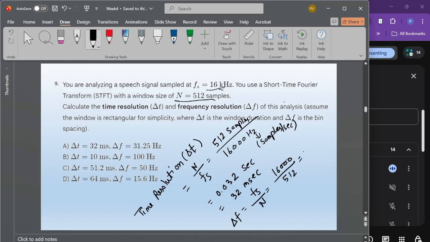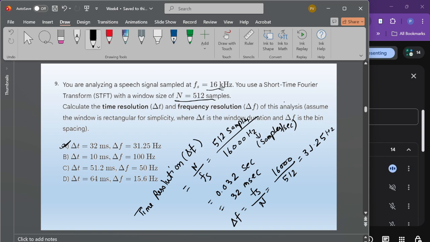Frequency is represented in hertz, so we get 31.25 hertz. This is the frequency resolution, and delta t, the time resolution, is 32 milliseconds. If you see that, option E is the correct answer.